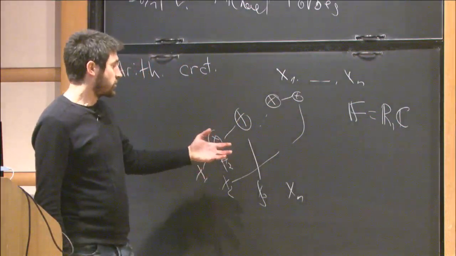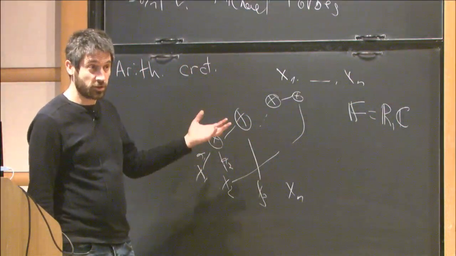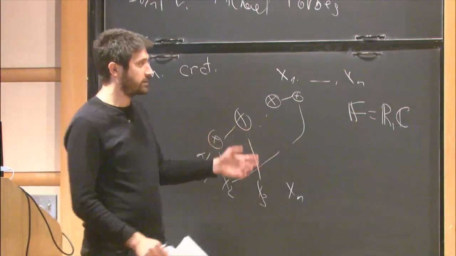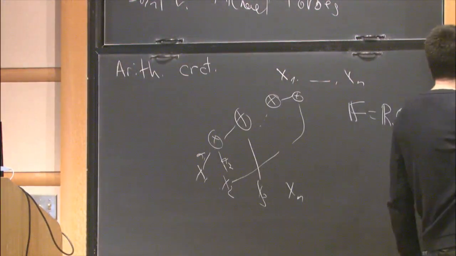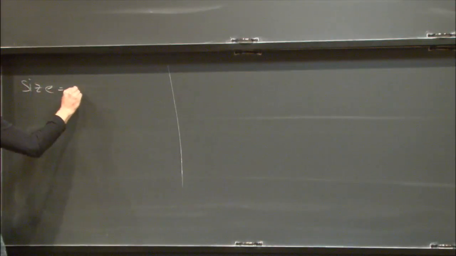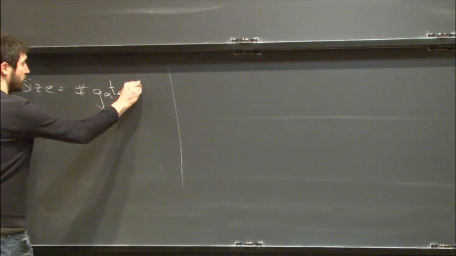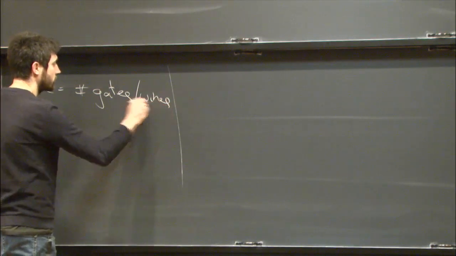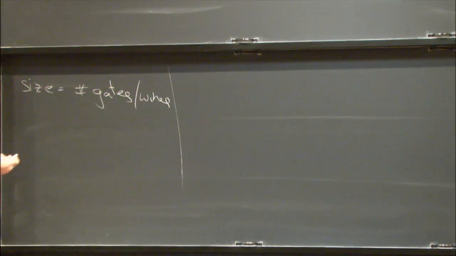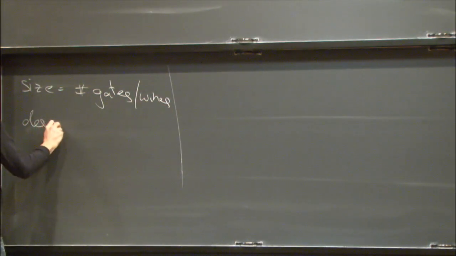Right, so we will be interested in studying, okay, what are the interesting complexity measures associated with arithmetic circuits? There is the size of the circuit, which is basically the number of gates in the circuit, or the number of wires. And there's the degree of the circuit.